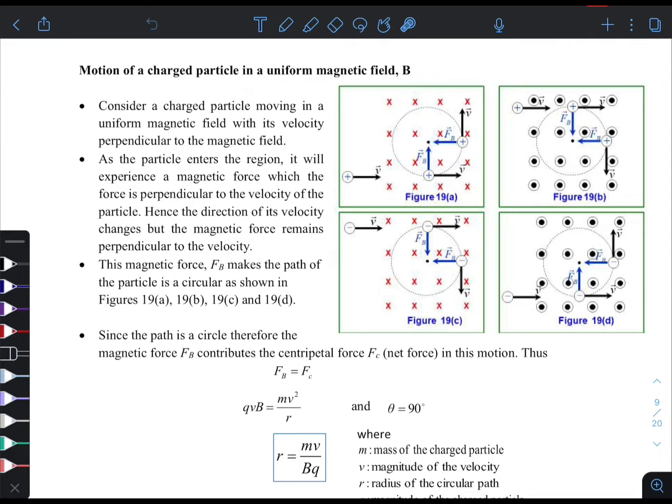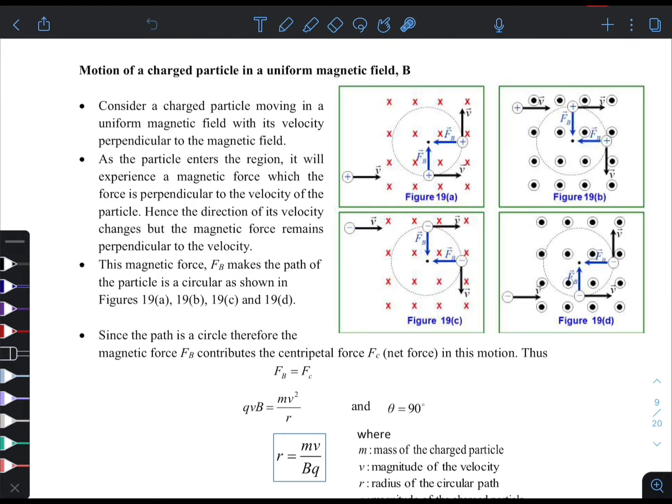This is going to lead our charge to continue to turn in a circular path rather than moving in the initial intended direction. The magnetic force FB makes the path of the particle circular, as shown in figures 19A, 19B, 19C and D. So it doesn't matter even if you change the sign of the charge.